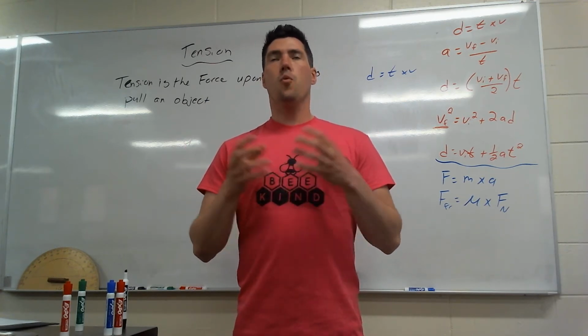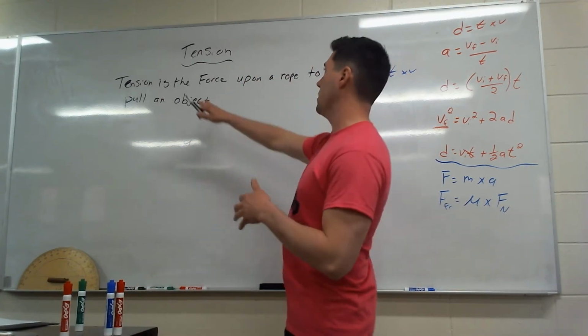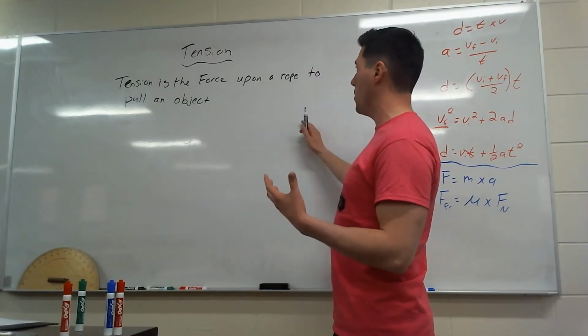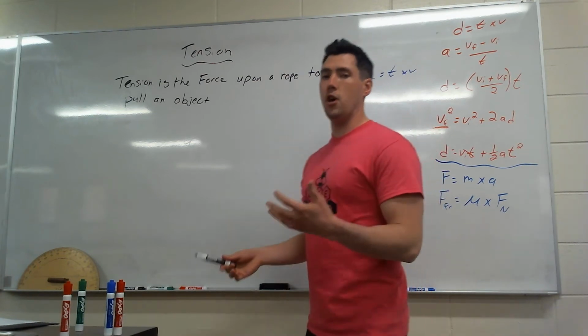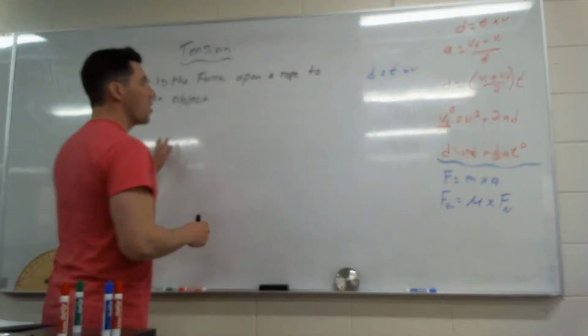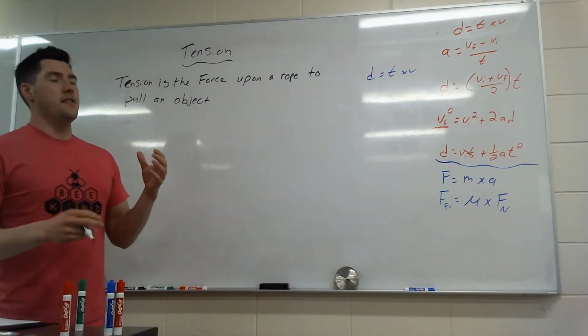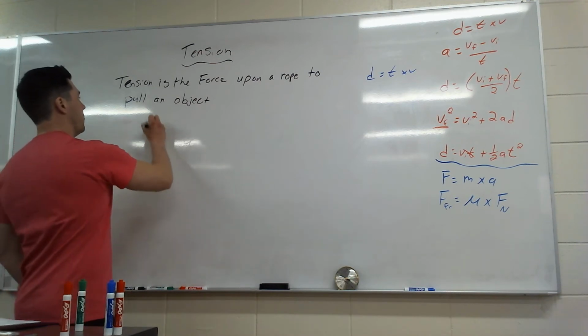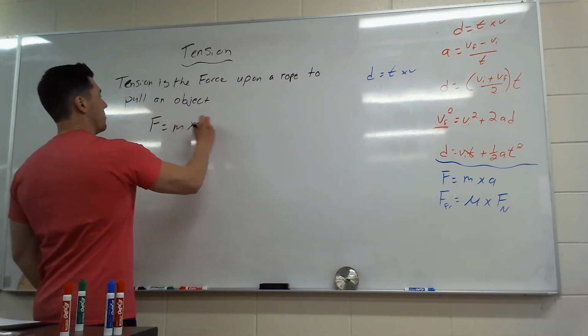So, what is tension? Tension is the force on a rope to actually pull the object. So it is a force, okay? The annoying thing is there's no perfect, exactly tangible formula, but the biggest thing is, how do we find force? Force is mass times acceleration.